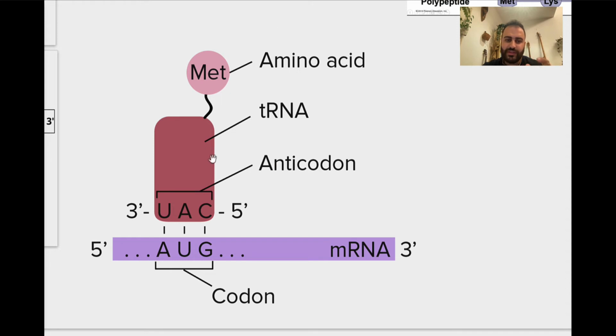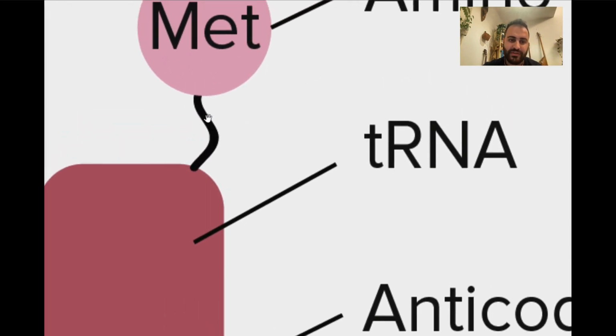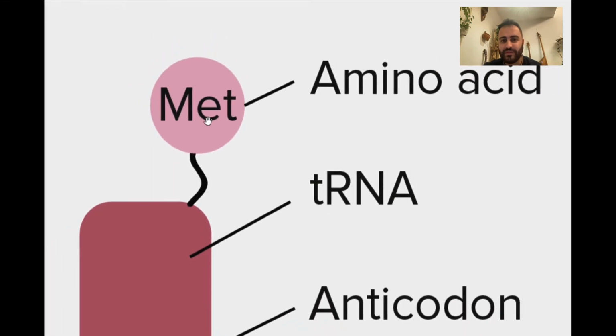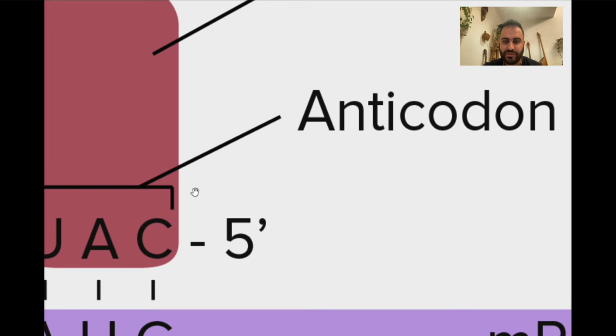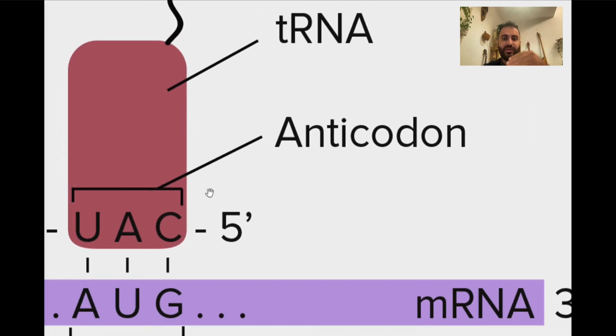And if you look at it, this is a tRNA. It will have two binding sites, one at the top, one at the bottom. At the top, it will have a binding site for the amino acid. And at the bottom, it's going to have something called anticodon. Anticodon is going to be opposite to the codon, complementary to the codon.